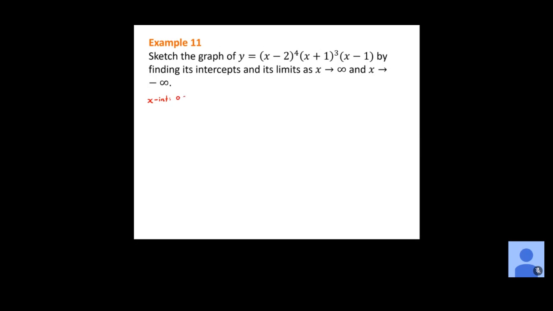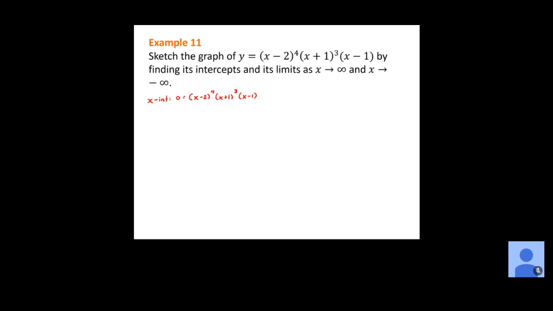So we're basically saying 0 equals x minus 2 to the 4th power times x plus 1 to the 3rd power times x minus 1. Okay, so let y be equal to 0. So we're setting the entire function equal to 0 now. Then what would you do to find the x-intercepts? Good. Set each of our factors equal to 0.